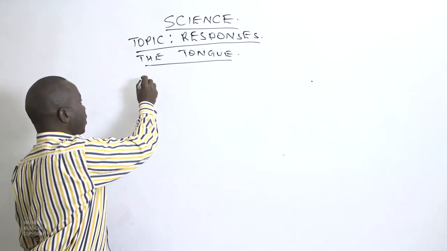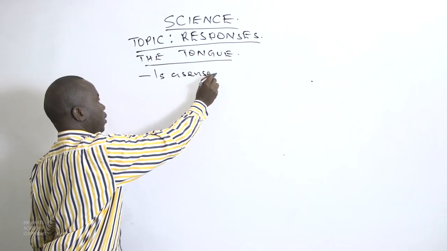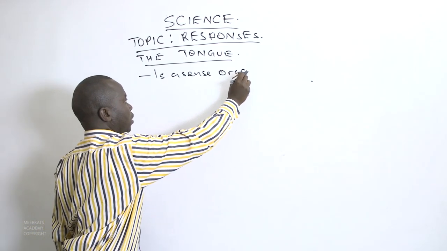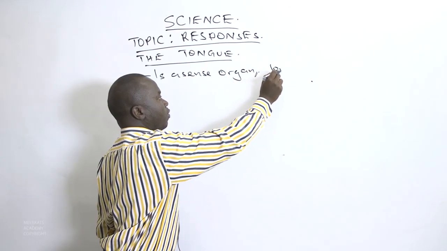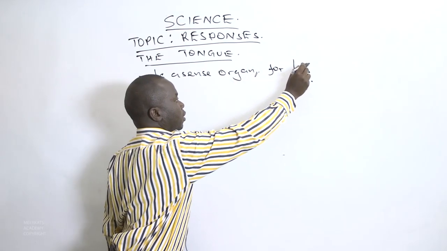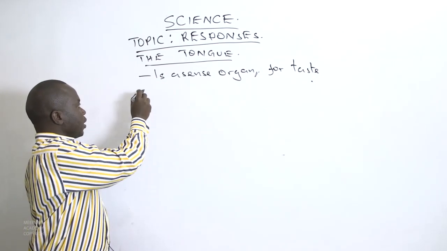So in other words, the tongue is a sense organ for taste. We know that there are different types of tastes.